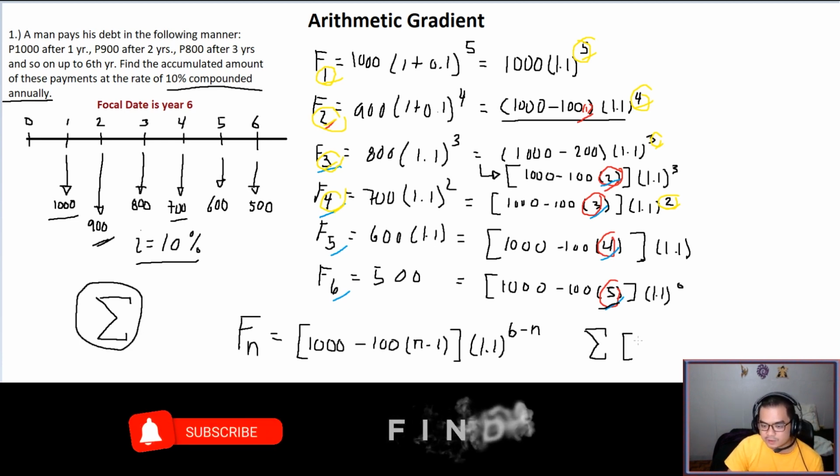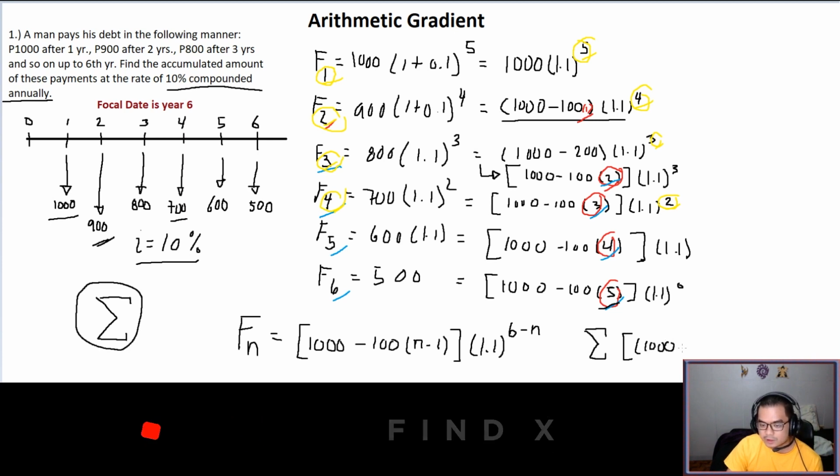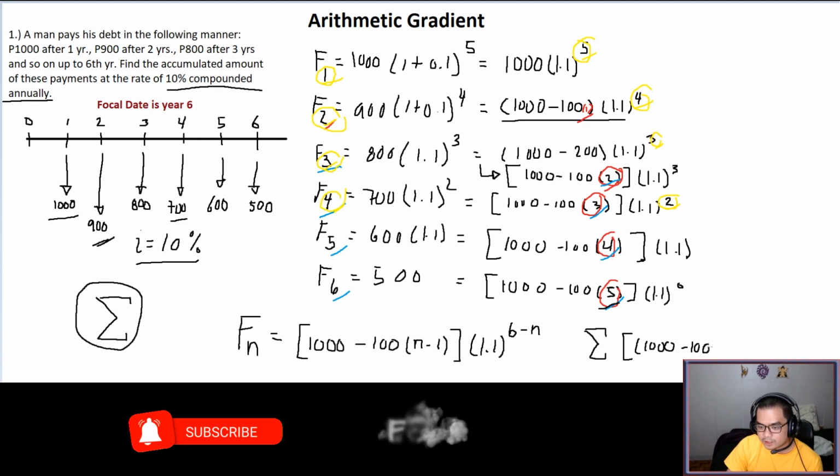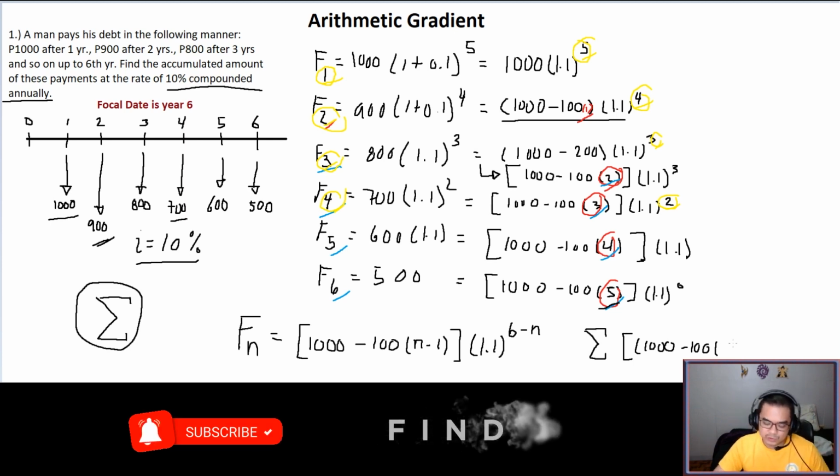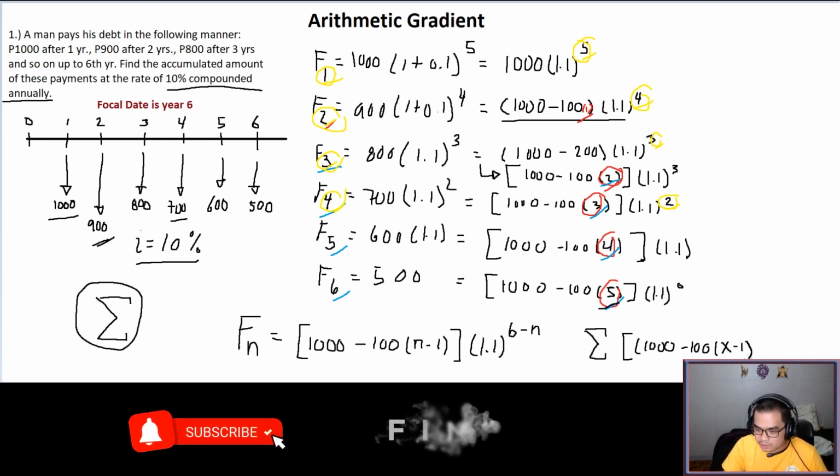So this is the initial parenthesis that's already written. So let's make another one. So that's 1000 minus 100. This is how you exactly enter it in your calculator. And then we will not use n. Since we are dealing with the calculator, the variable we usually use is x. So let's say that is x, replacing n with x minus 1.